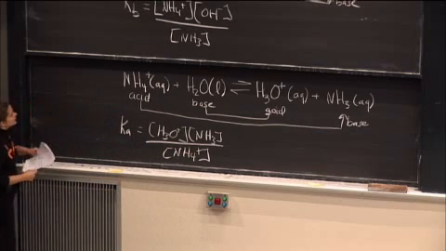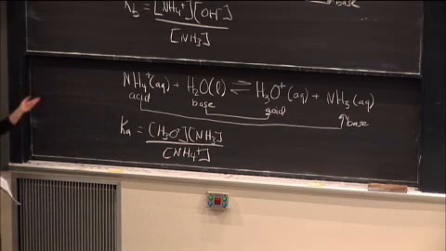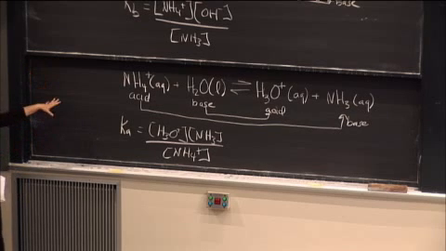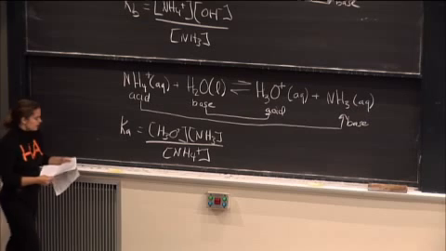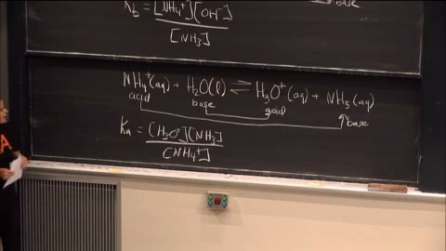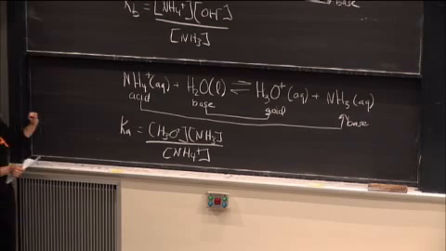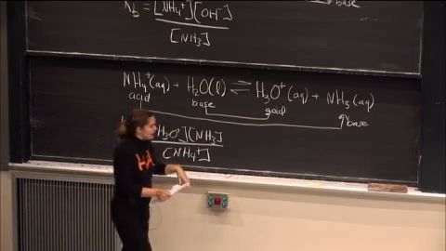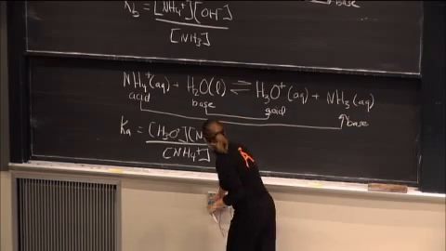So now we have Kas and Kbs written for the conjugate acid of NH3 and NH3 itself. So now we can think about what happens if we take these Ks and we multiply them out together.